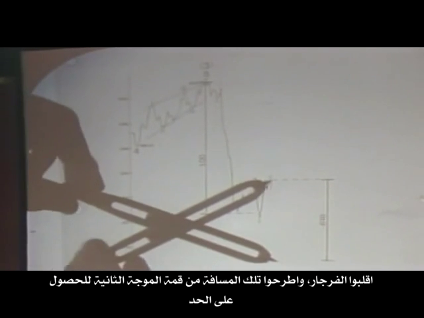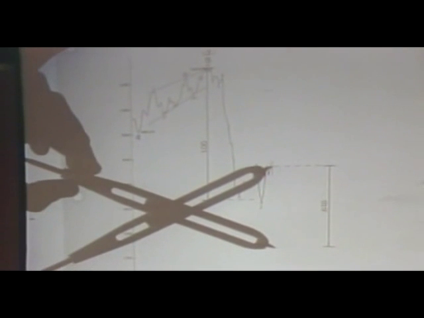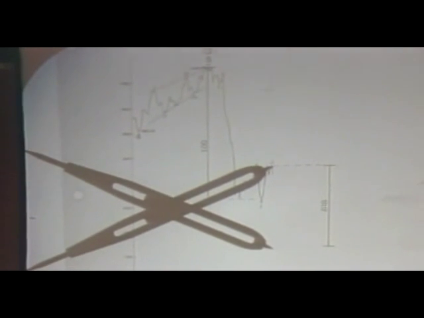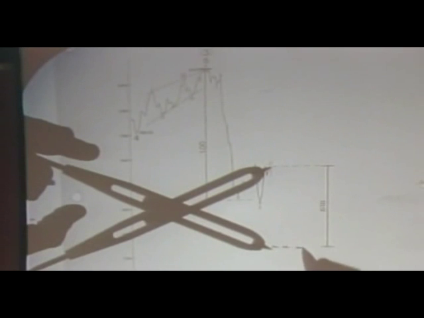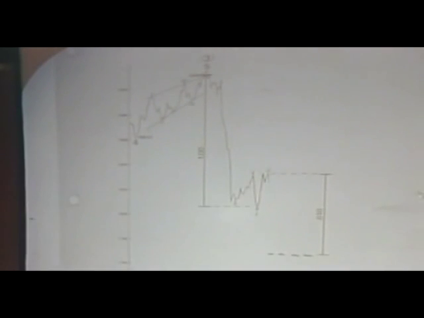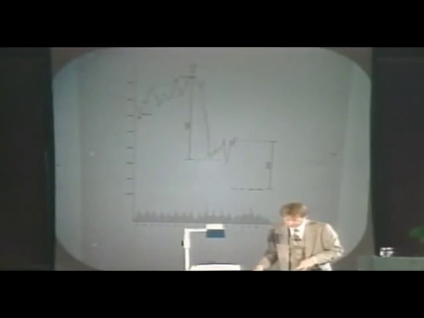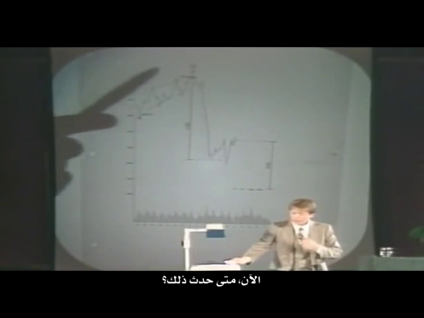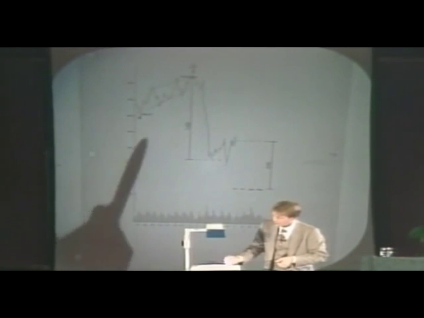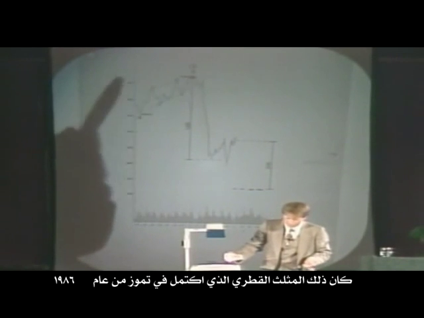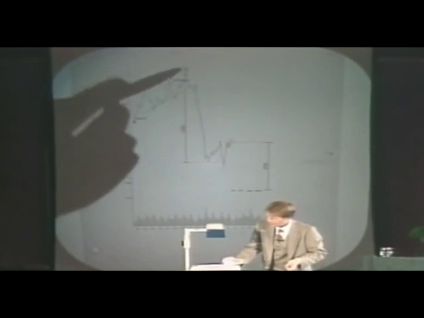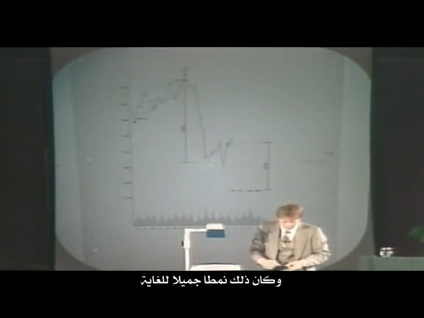Flip the compass, subtract that distance from the peak at wave 2 to obtain a target for the point at which the net travel of waves 3 through 5 would equal 0.618 times wave 1. Now, we looked at this chart a couple of times yesterday. This was that diagonal triangle that completed in July of 1986 and was a very pretty pattern.